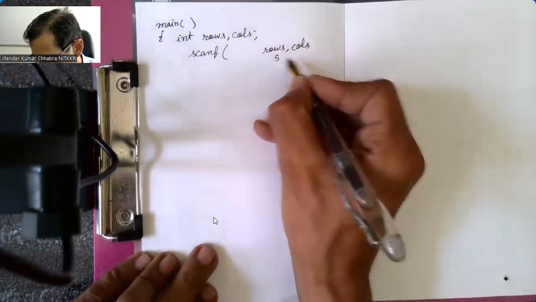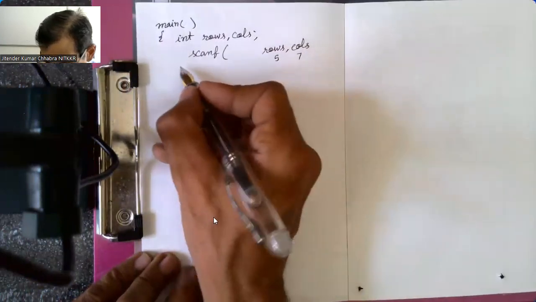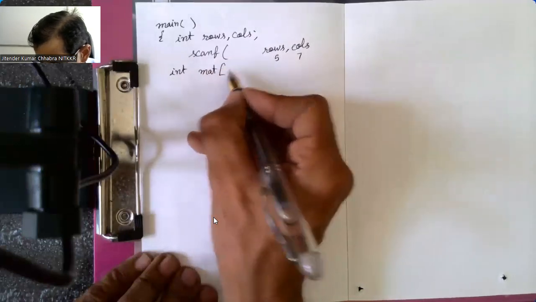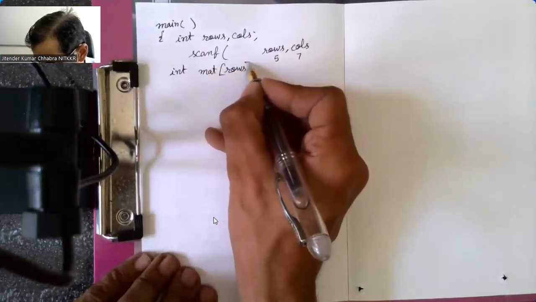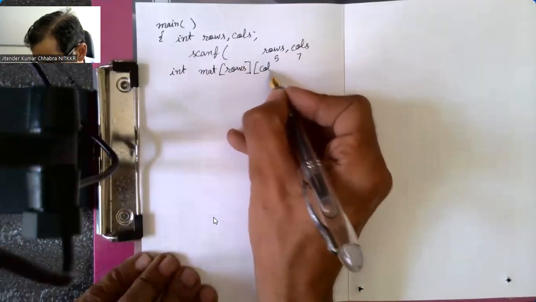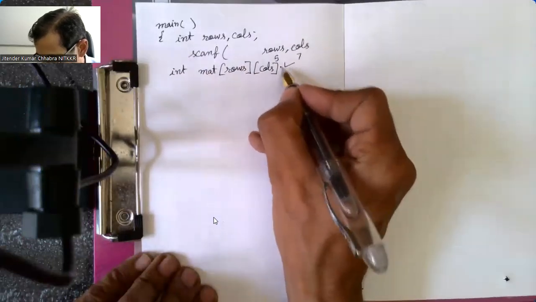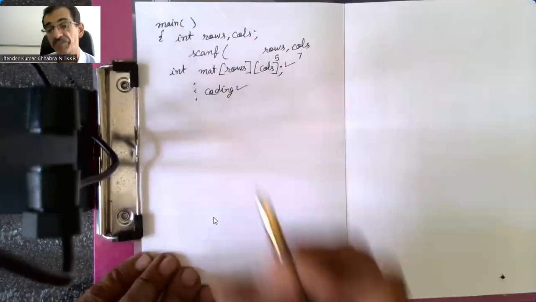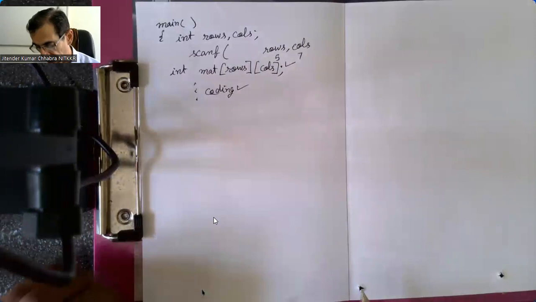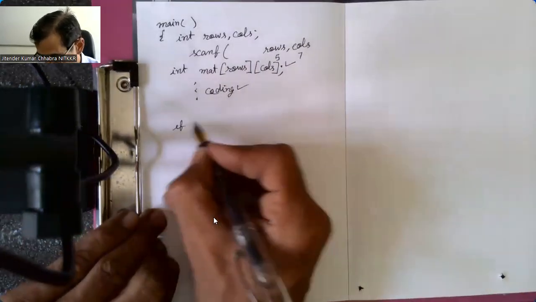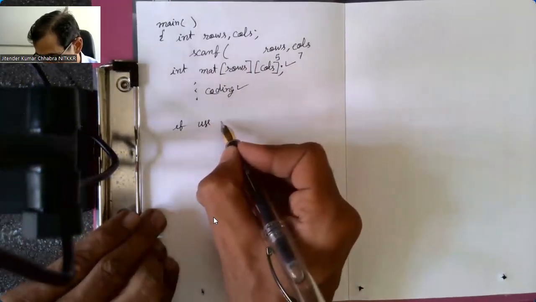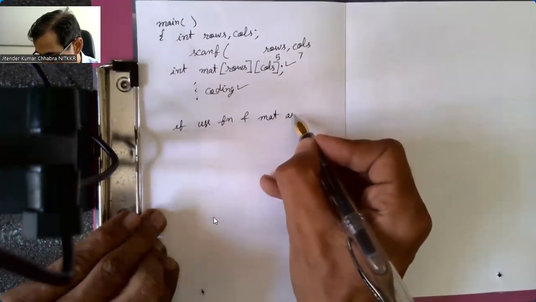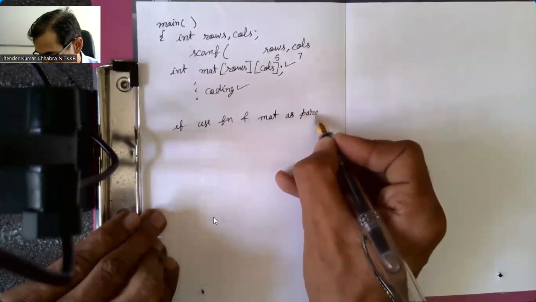Maybe you give the values 5 and 7, and some of you will declare your matrix like this. Of course, you save memory this way; you don't use extra memory. So perfectly fine, you did your coding for the matrix, and it is not an issue at all. But if you use functions and the mat is to be passed as a parameter, then you are going to face a problem.